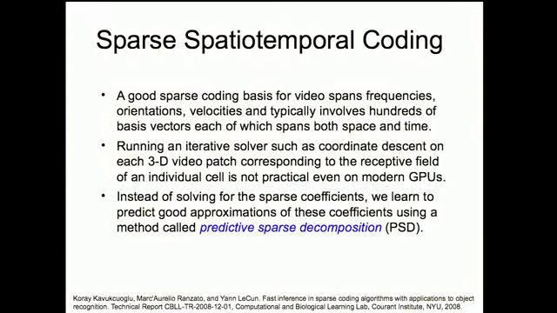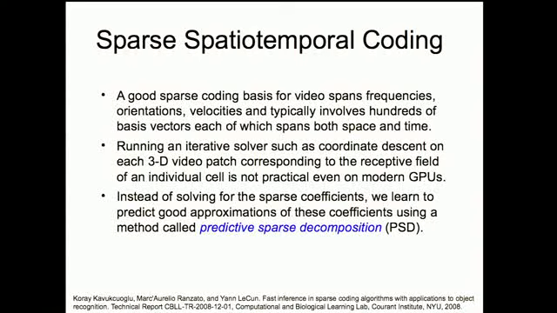Now, not only are we coding for the frequencies and different orientations, but we also have the velocities and accelerations in the motion features that we would like to extract. These are obviously key if we want to capture the things that people are most interested in.